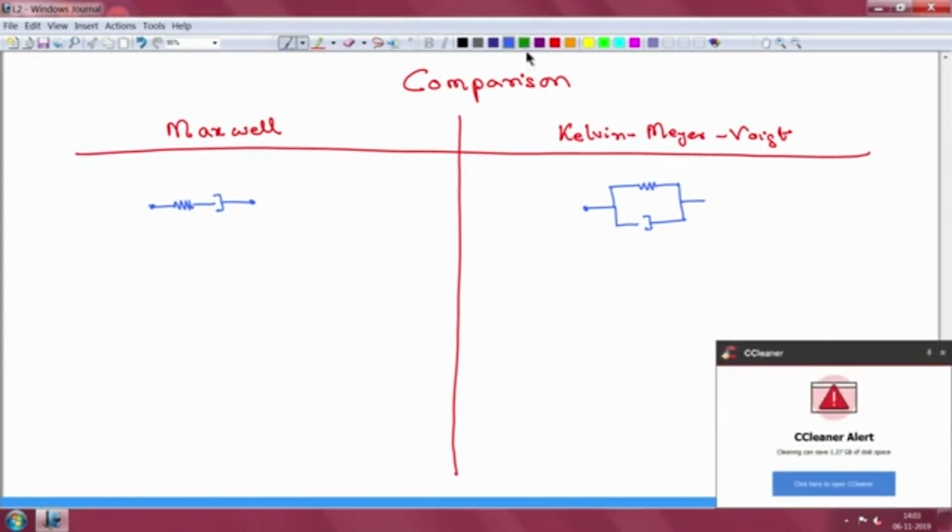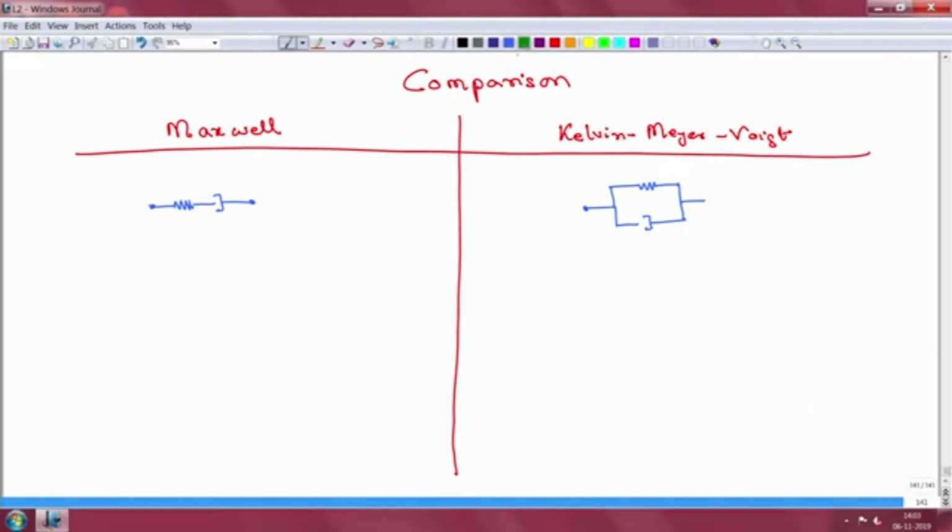So, we will just quickly make a note. The Maxwell model we found was suitable for viscoelastic fluid. Similarly, the Kelvin-Voigt model was suitable for a viscoelastic solid.